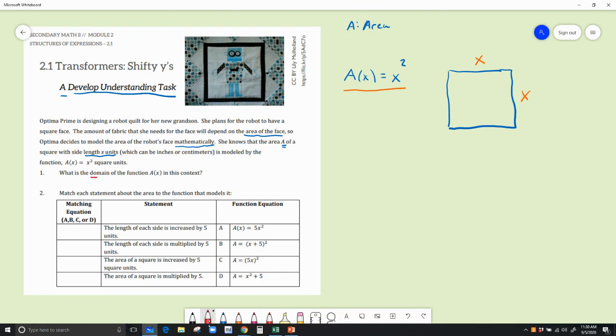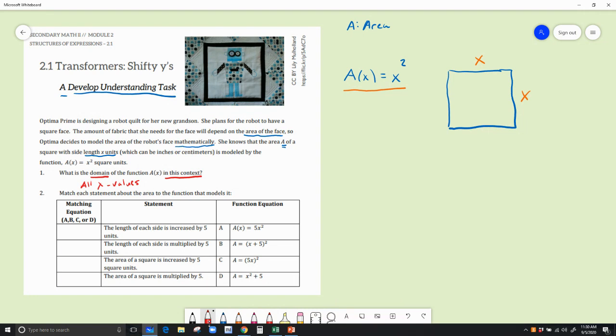What is the domain of the function in this context? Let's talk about what domain means. If you forgot, domain is all possible x values, all x values that are possible in this problem.